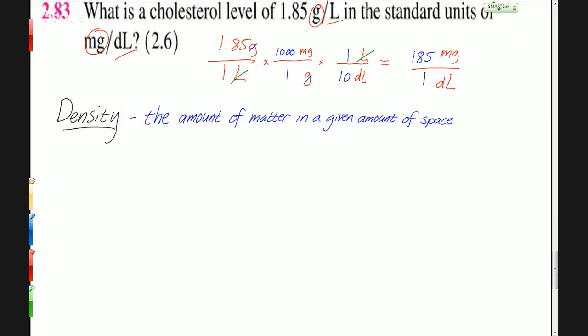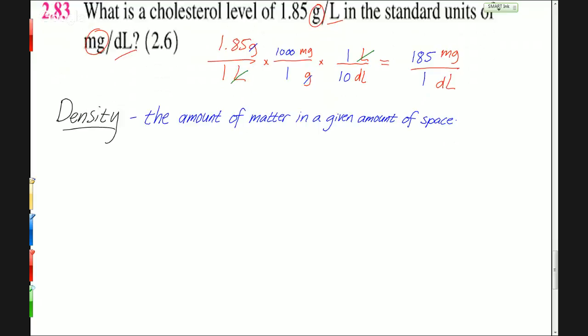So let's say you have a cube. If that cube is very heavy, then it's more dense than if that same cube is very light. There's more mass inside. So we can talk about density with respect to things like elements. Things at the bottom like lead and gold and mercury are very dense.